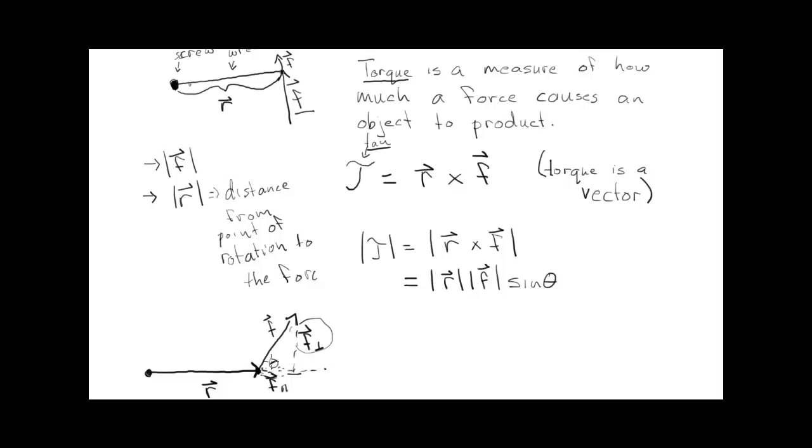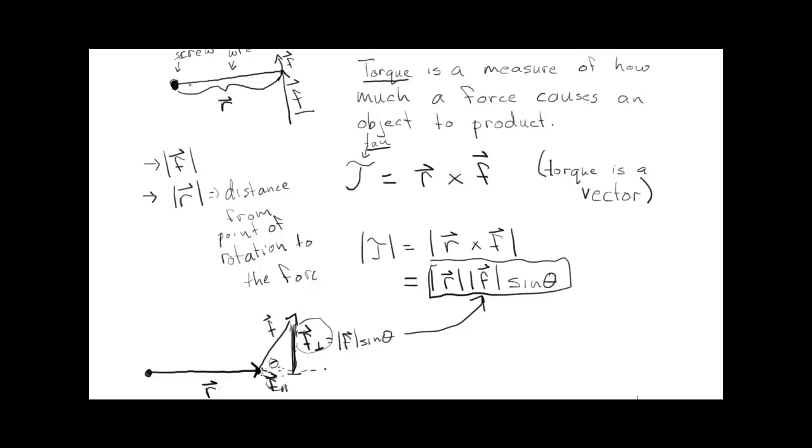The component that's acting parallel is not doing anything to rotate the object, so it's really just this component here that's doing all the turning. And what is this equal to? Well, it's the opposite side to theta, so this is equal to the magnitude of F sine theta. Boom, right there. So that's where this comes from. That's what you need to know.